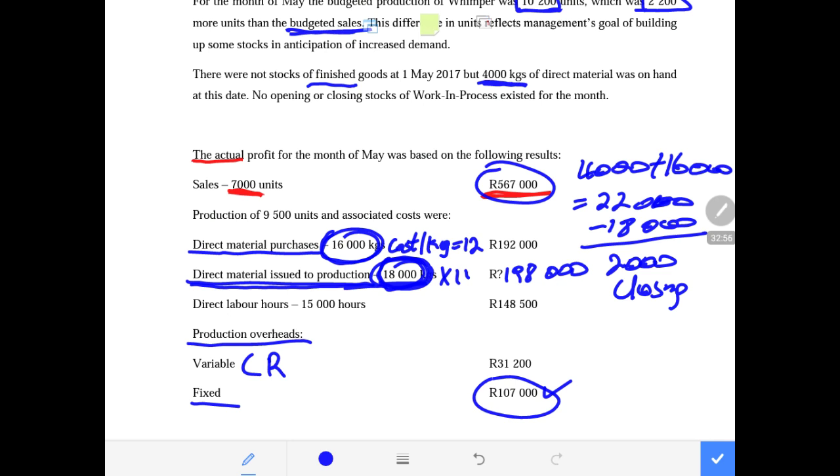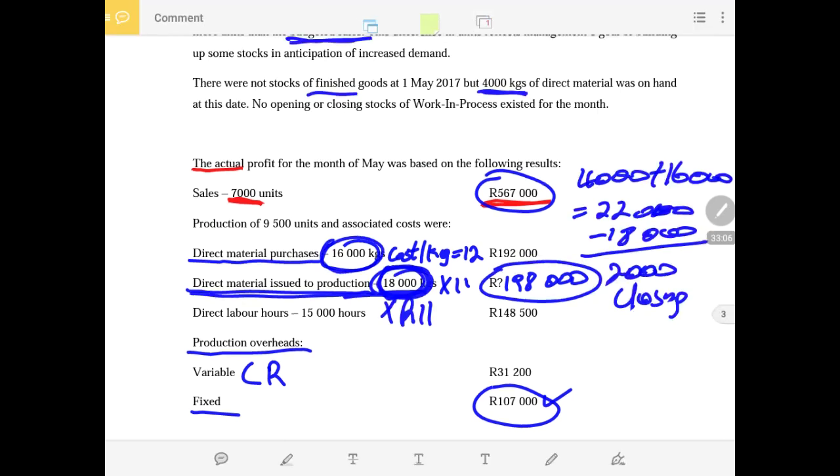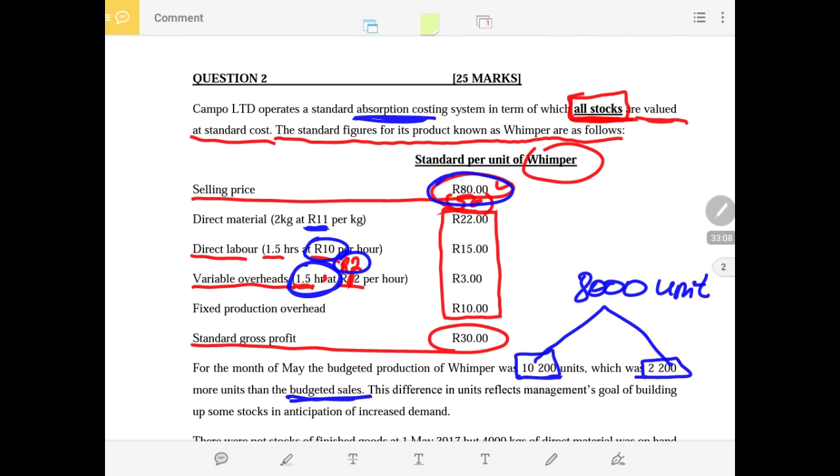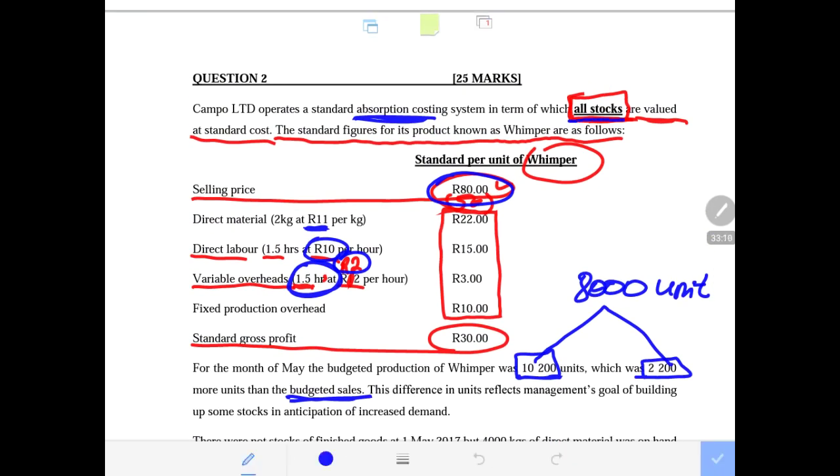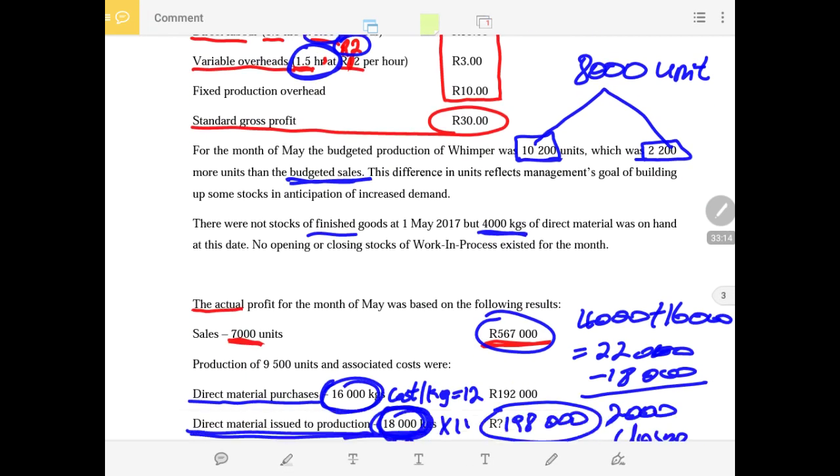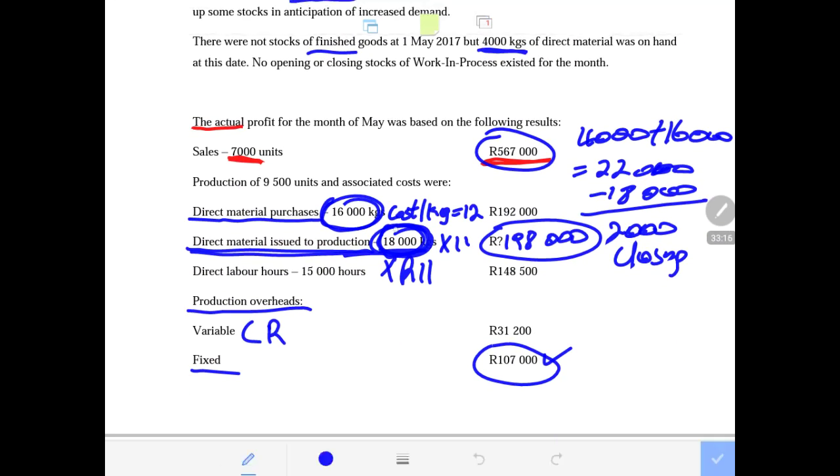Remember, it is valued at standard cost, which we calculated to be 198,000. Where is that coming from? We multiplied it by 11. Why are we using 11 rand, not the actual 12 rand? Because all stocks are valued at standard cost. That is why we don't multiply the 18,000 by 12, even though the purchase price of material was actually 12 rand.